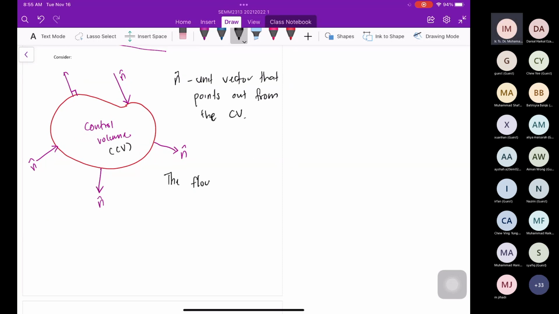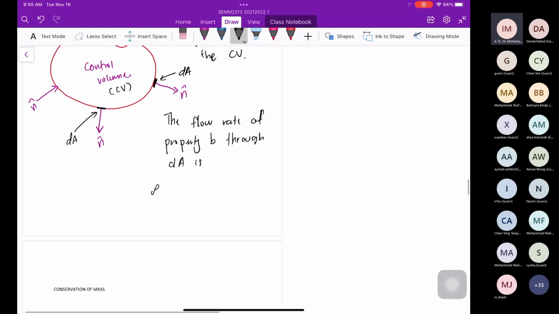The flow rate of property B through dA, this is the A. When we look at here, this is the A, the change of A. Okay, is rho B velocity normal dA equal to B out minus B in.